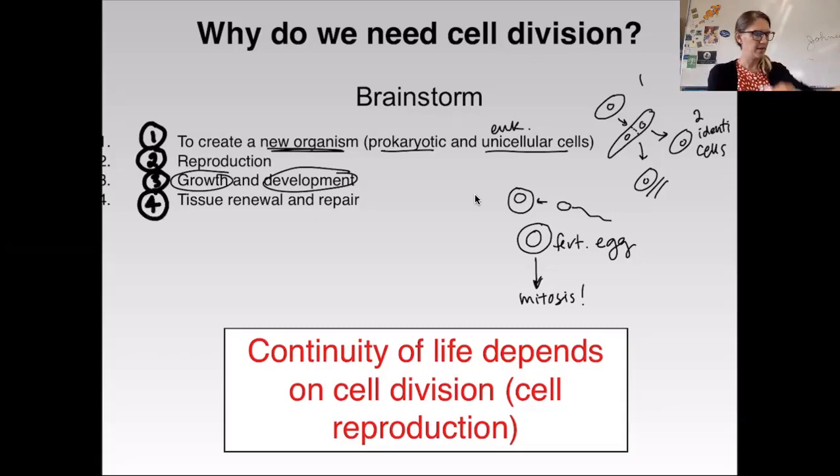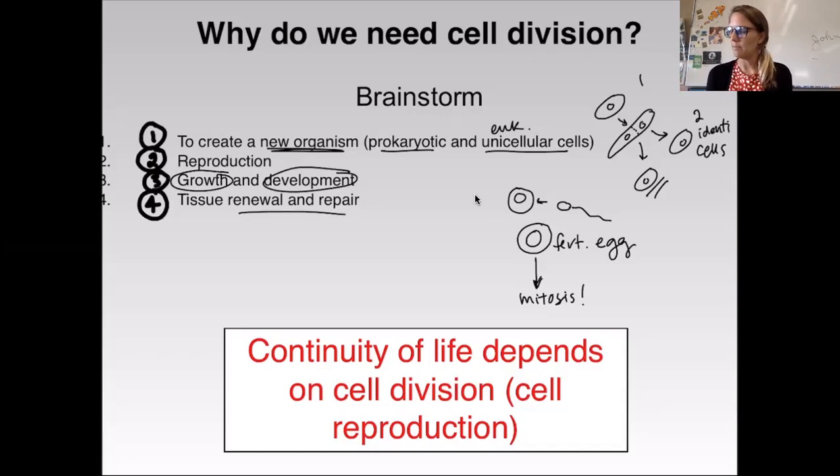I don't have any major injuries right now, which is amazing, but somebody probably will look down at their hands and see a cut or something. Anytime you get a cut or an injury, your body is going to try to repair that, clean up the wound, and that is all done through mitosis.